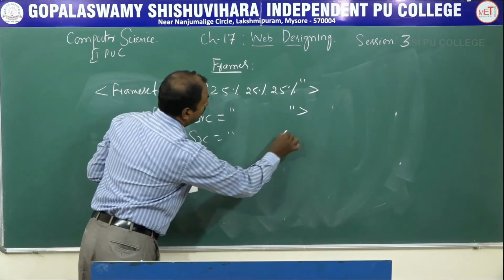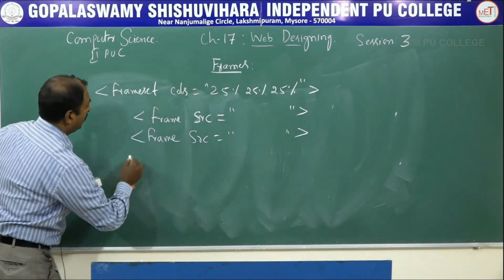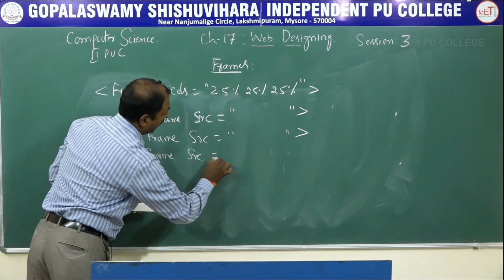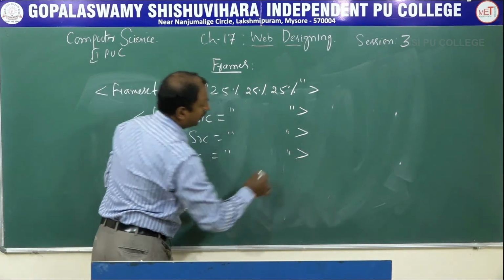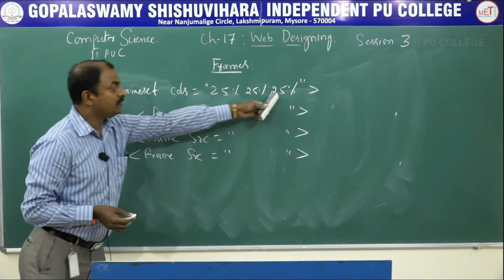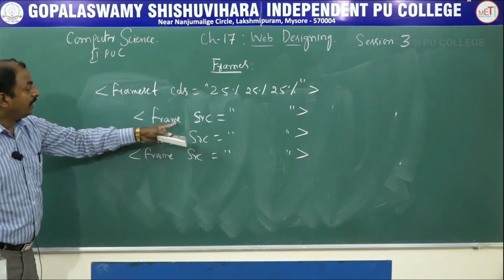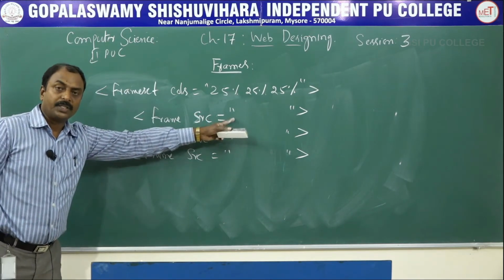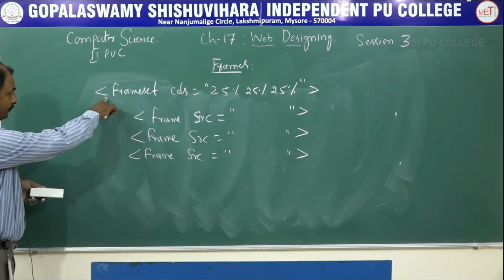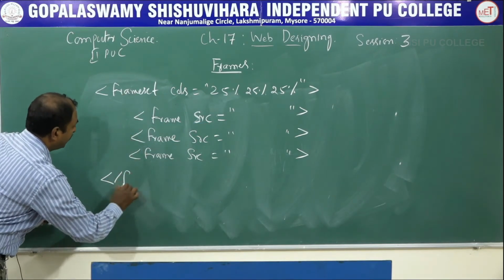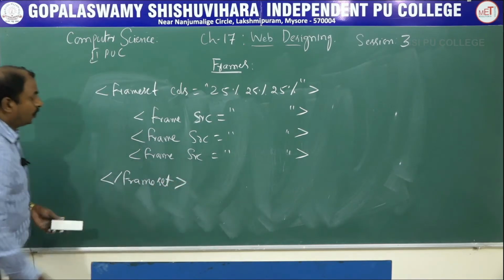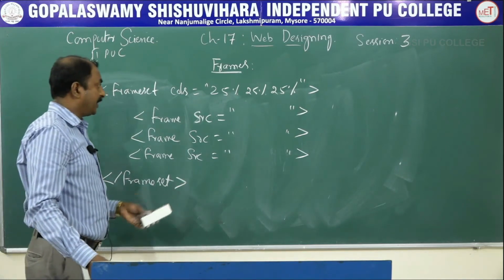SRC equals, this is for one more section, and frame SRC equals, this is one more section. Each column is given a particular application or individual program. Now we have to close this with the frameset tag.